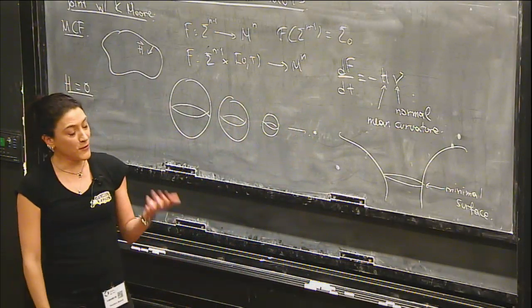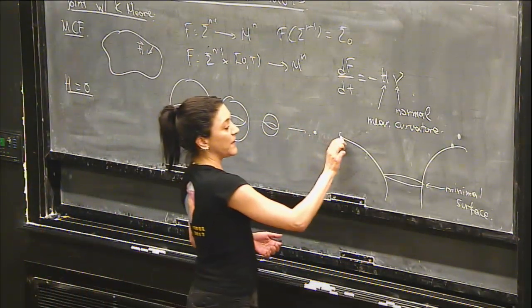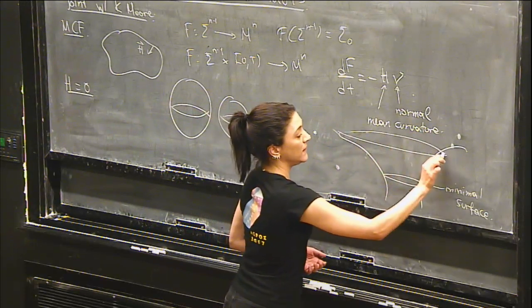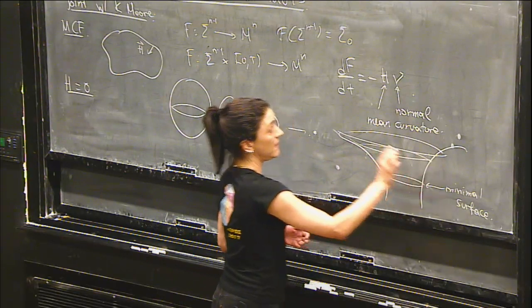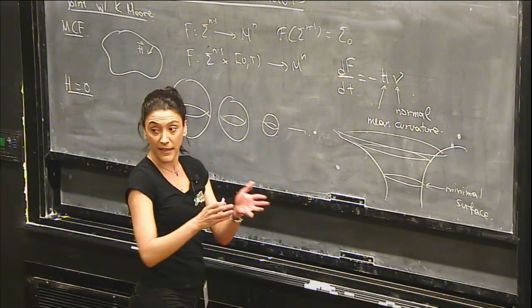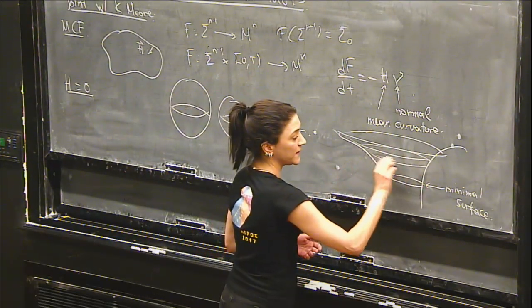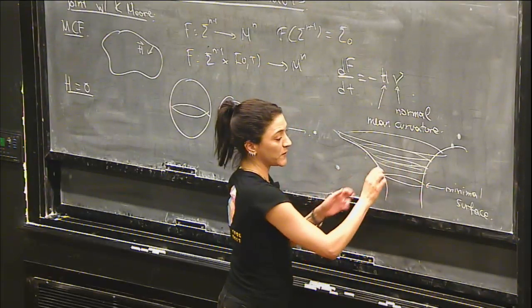Mean curvature flow could be used to do the following. If I start with a surface way out here, flow it by mean curvature flow, hoping that the flow lives for all time, then the surface will approach the minimal surface.